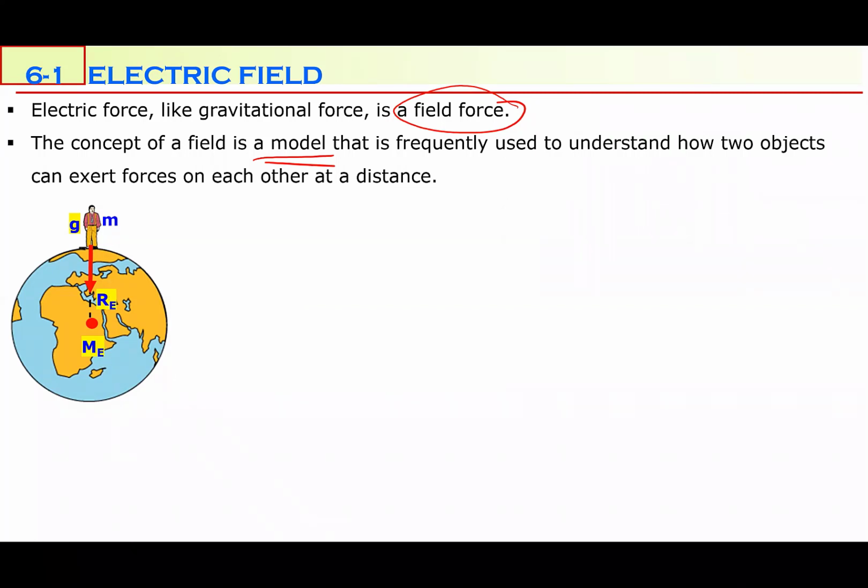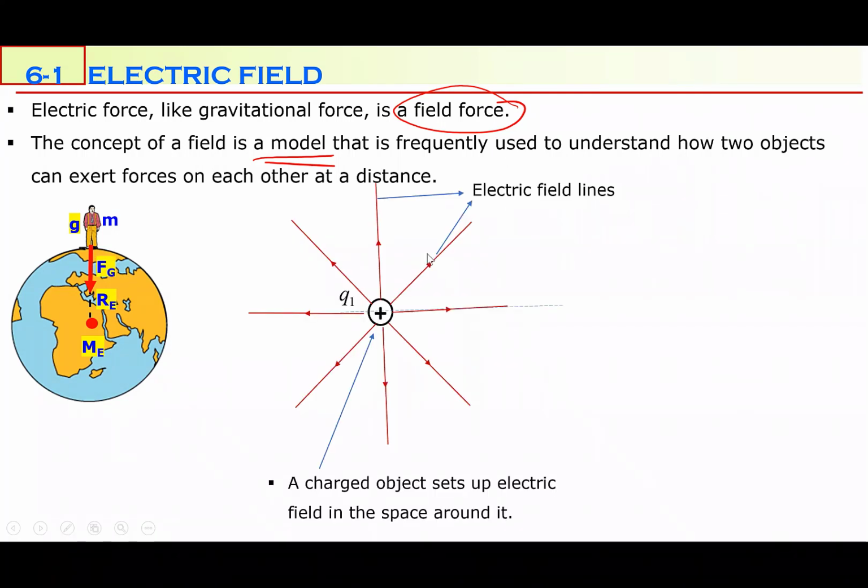And when your body enters inside the gravitational field of the earth, your body will start being attracted towards the center of the earth. The same thing happens with electric forces as well. Every electric charge produces an electric field around it. A charged object, positive or negative, sets up an electric field in the space around it.